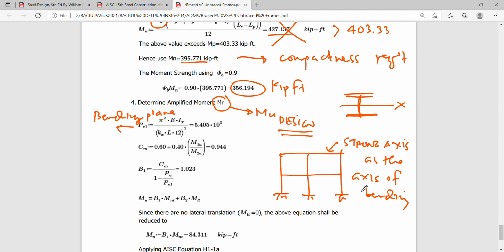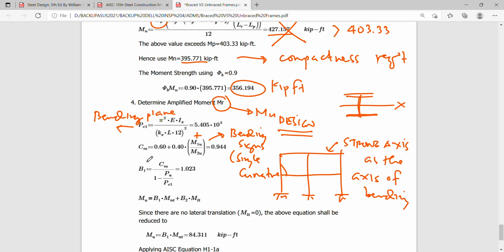So Cm is computed on the basis of the formula of the AISC, where M1U over M2U is taken to be positive, okay, bending moment sign, positive for single curvature. So since this is single curvature, this must be positive.